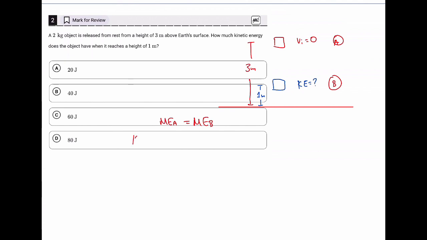So kinetic energy at A plus potential energy at A is equal to kinetic energy at B plus potential energy at B. The kinetic energy at A is 0.